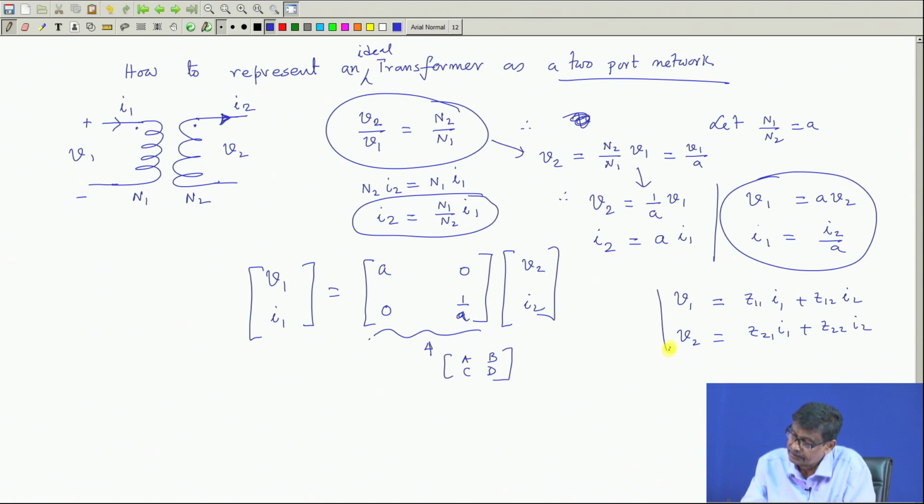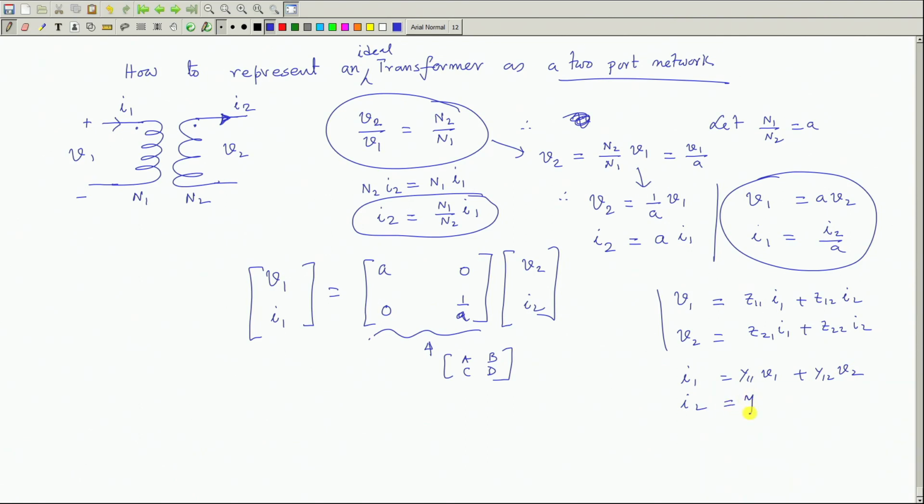That is, I1 is equal to y11 V1 plus y12 V2, and I2 is equal to y21 V1 plus y22 V2. Can I write I1 in terms of V? No. I2 in terms of V? No, I cannot write.